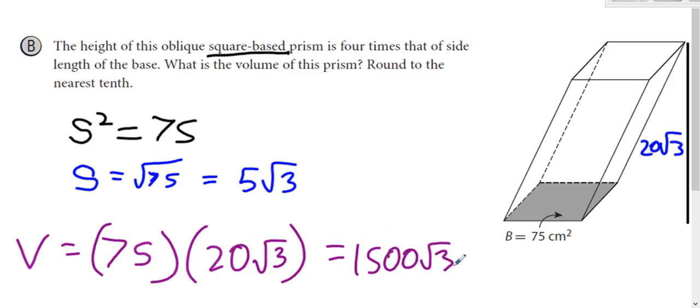And if you multiply by the square root of 3 to get to the nearest tenth in your calculator, you get about 2,598.1.